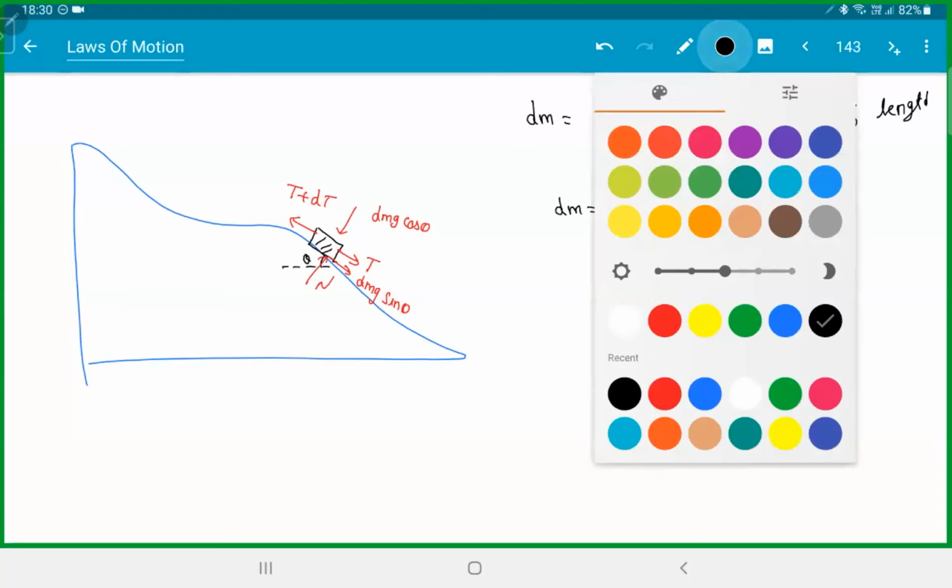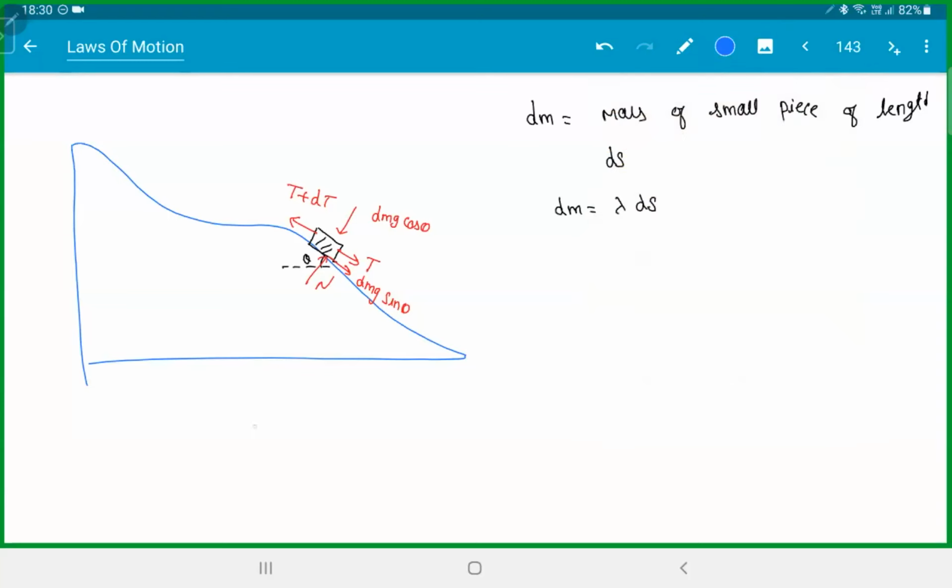If you look at the diagram here, we are taking a small length ds. This is theta. This will be dx and this will be dy. It's a small triangle. I hope you're able to visualize.